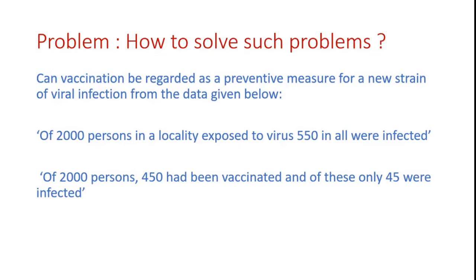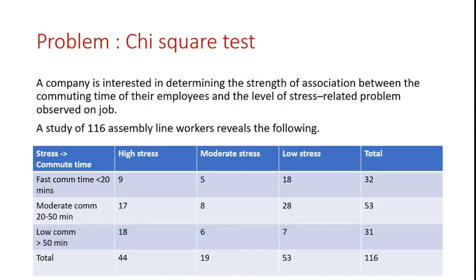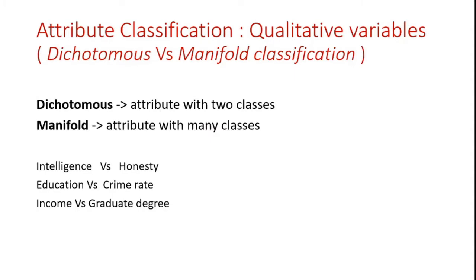You have vaccination as one attribute and infection as another attribute. In the second problem you have more than two classes, which falls under manifold classification.